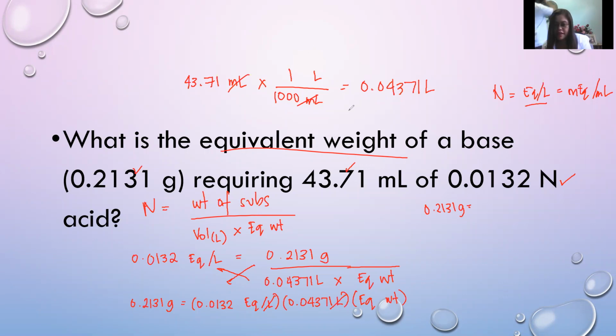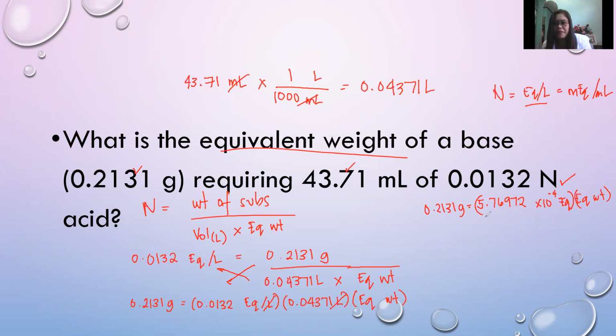The answer, I will just keep it in scientific notation for now, is 5.76972 times 10 raised to the power of -4. And then take note of the remaining unit, it's equivalents. And then times the equivalent weight.